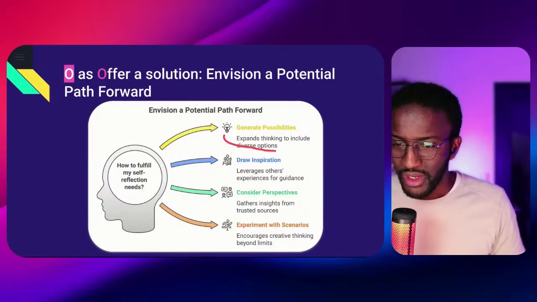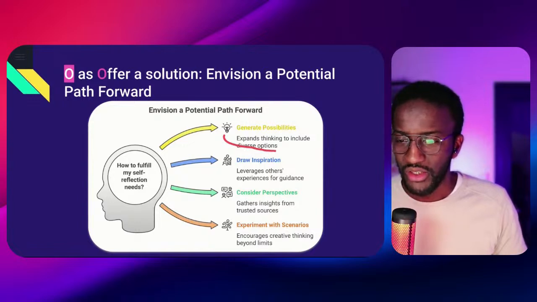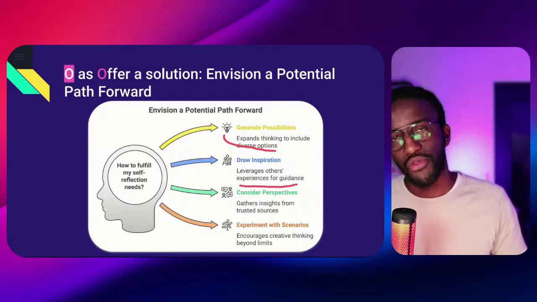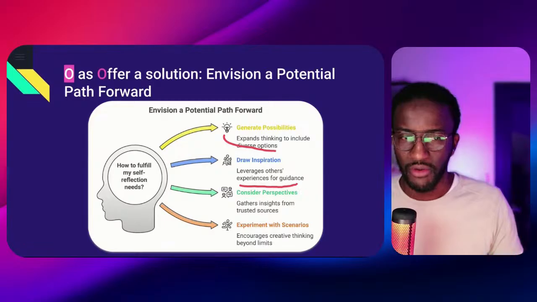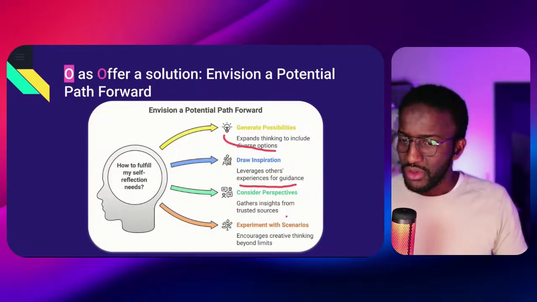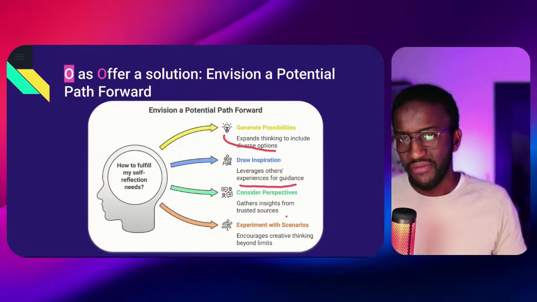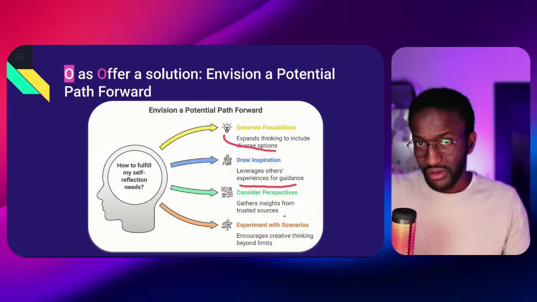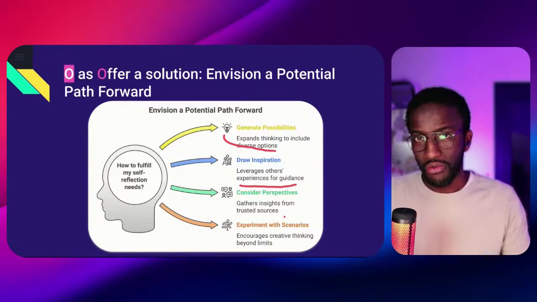This is the part where you draw inspiration from other people, which is really important. So this is kind of a way to find some solution about the issue that you are having right now. And then after, you can consider different perspectives from different trusted sources. You have your own perception of the situation you are struggling with.